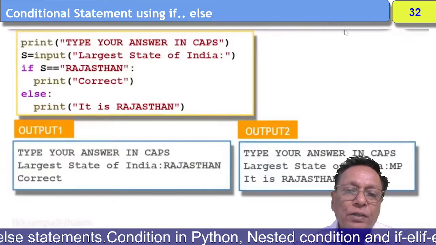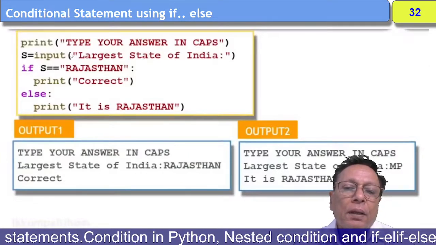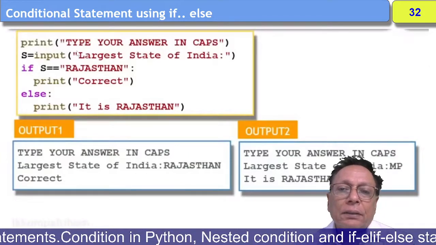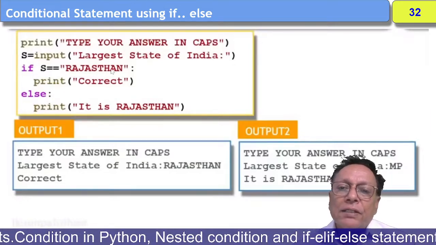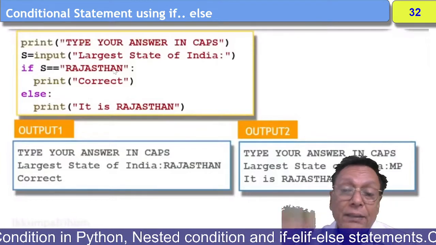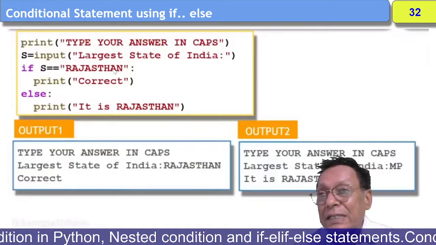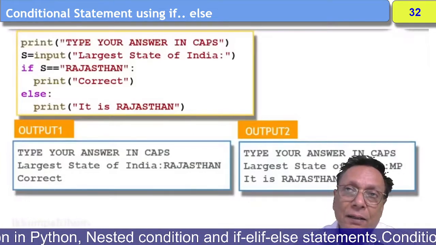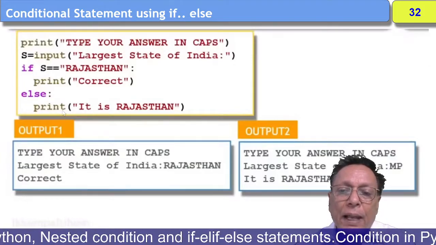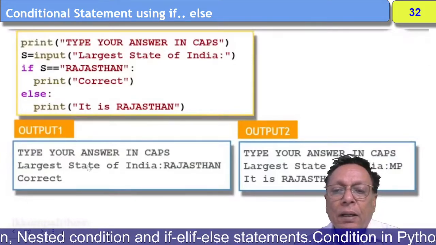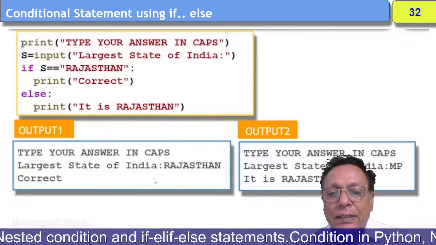So over here, if you see this program, if you enter the largest state of India, suppose you give Rajasthan, it will print correct. And if you don't give Rajasthan, then it will give the answer that it is Rajasthan. So when you run this program, if you give Rajasthan, it will say correct.